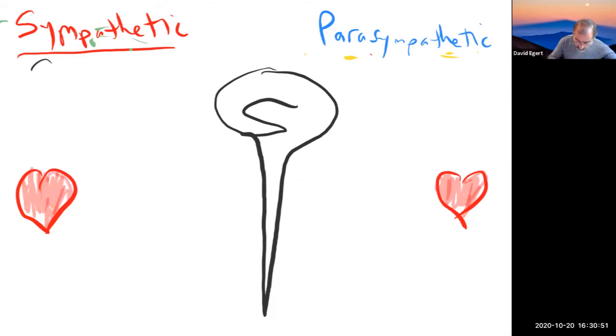So some of the ways these are very different is even where the neurons begin. Parasympathetic is what we call has a craniosacral outflow.